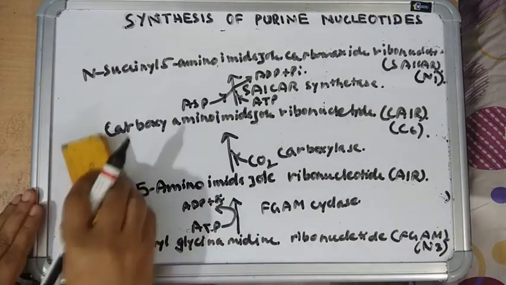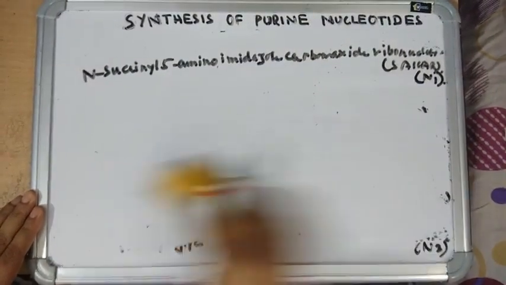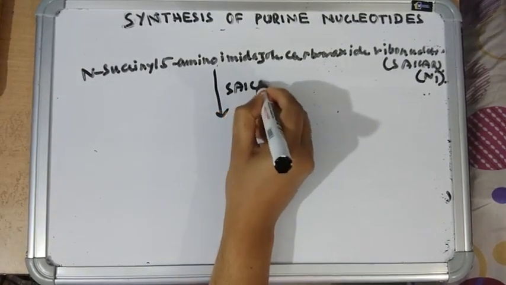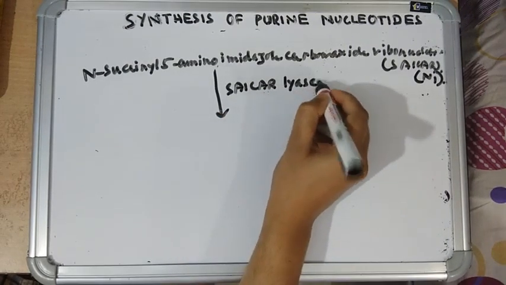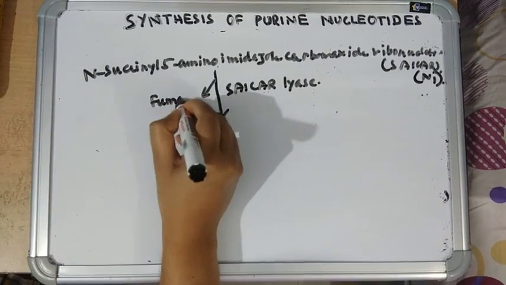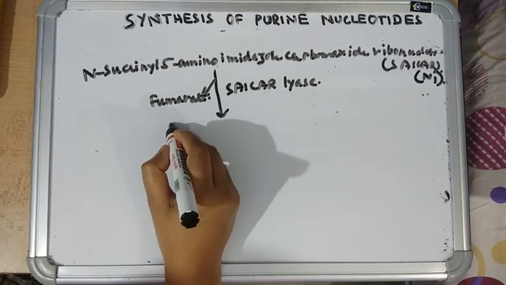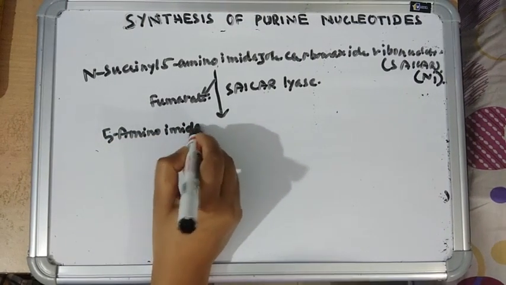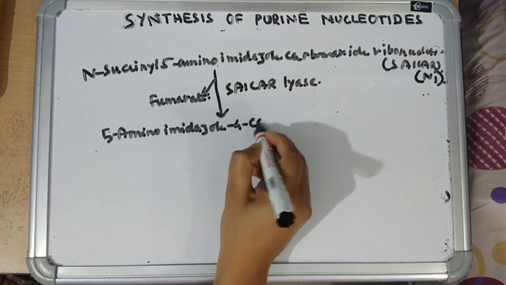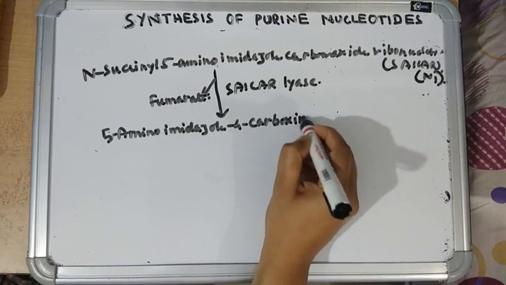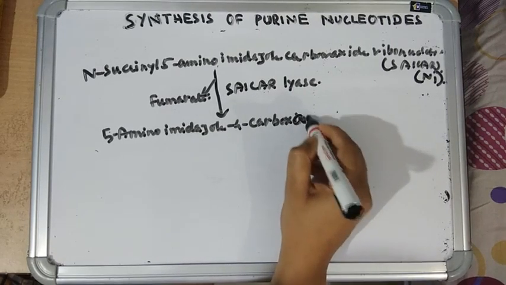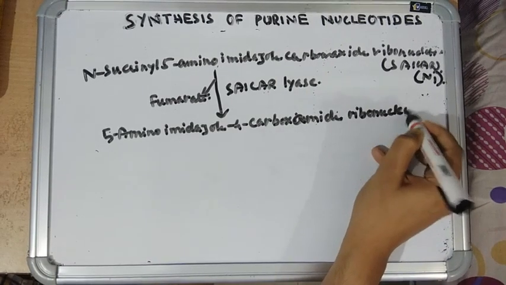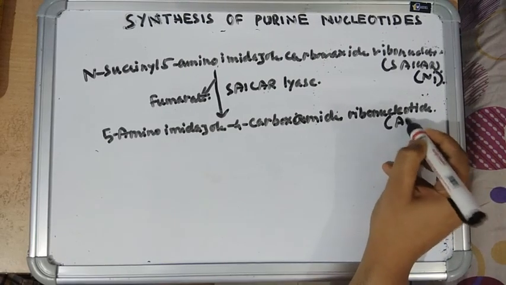So this SAICAR is acted upon by the enzyme SAICAR lyase, where fumarate is released and it forms 5-amino imidazole 4-carboxamide ribonucleotide or AICAR.